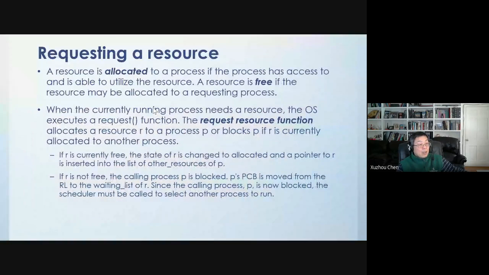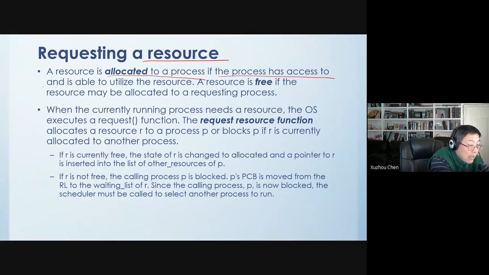So whenever a process is requesting a resource, the resource is allocated to the process if the process has access to and is able to utilize the resource. A resource is free if it may be allocated to a requesting process. So this is how the operating system executes a function called request.